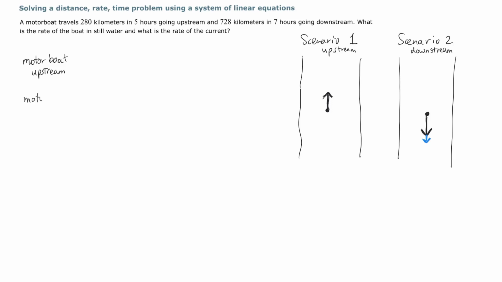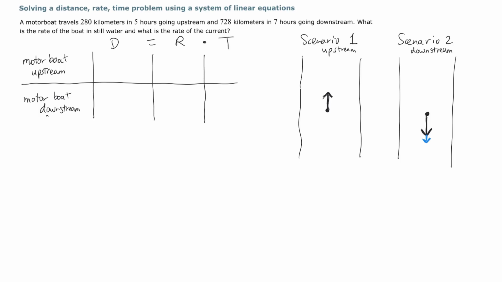Then we also have the motorboat going downstream. It's all about the motorboat. What's our classic relationship here? Distance is equal to rate times time. And let's collect all the information, put it in a nice little table, organize it, and find what we're missing.